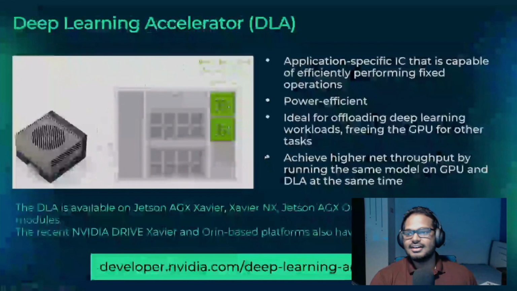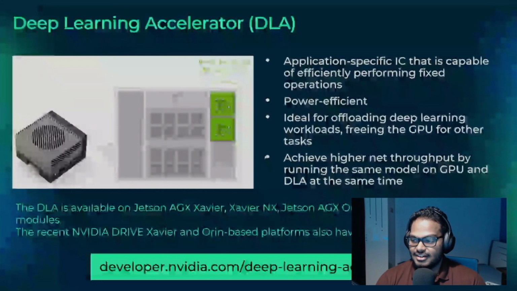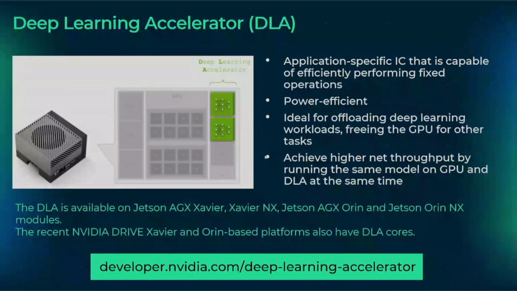So what is this DLA? This is a new feature for Orin devices. It's not available at the moment for the current devices, but the deep learning accelerator will be available for Orin because it's an application specific IC. It's hardware that will be embedded onto the Orin series, and that hardware will be responsible for offloading the deep learning workloads from the actual GPU and freeing the GPU for other tasks.